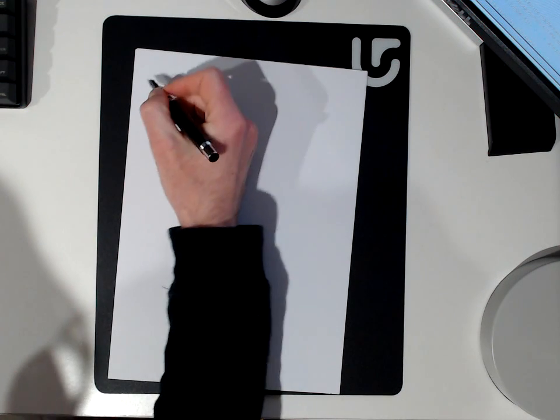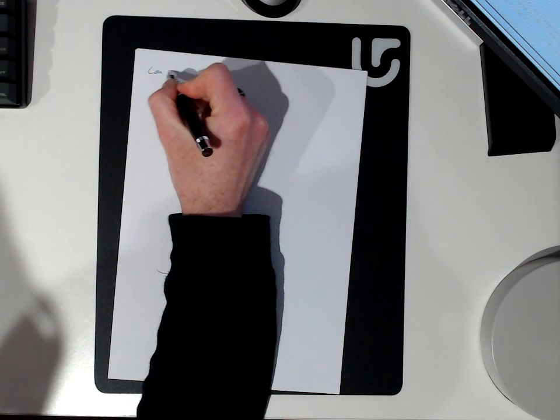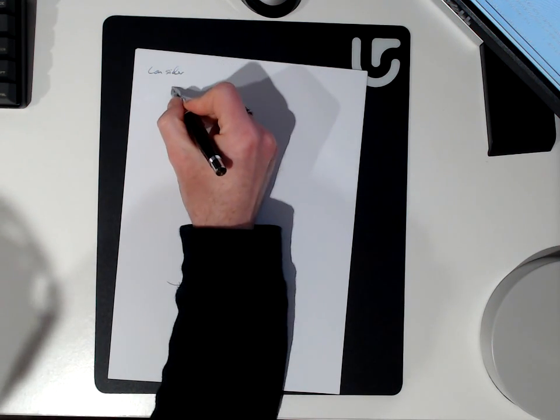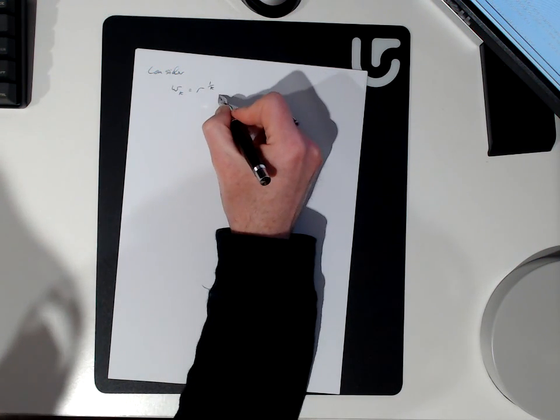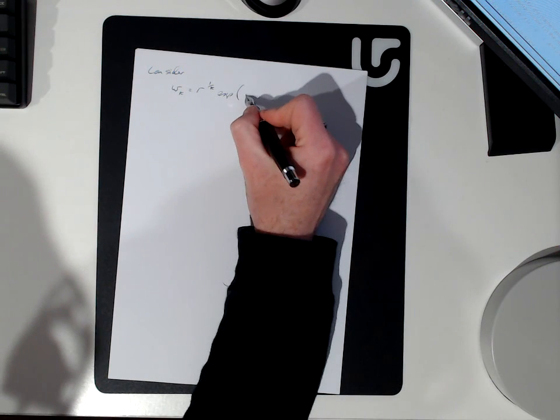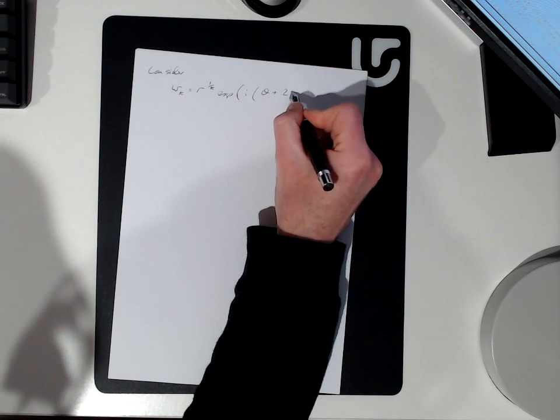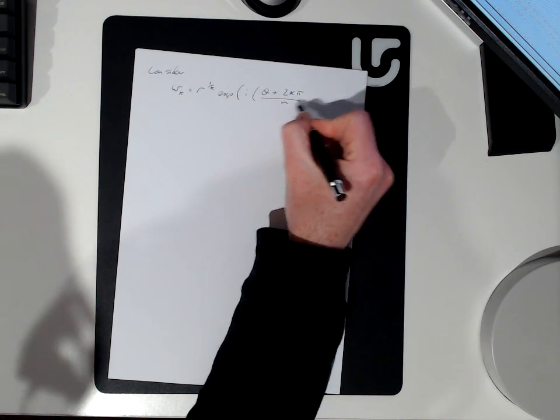So consider exp of i times (theta plus 2k pi) over n.